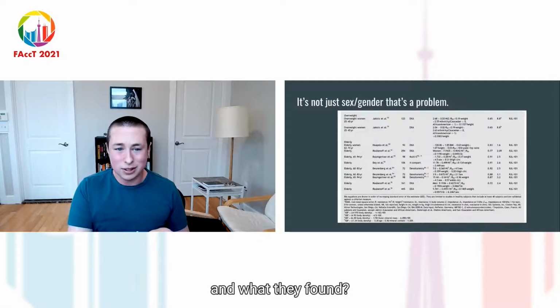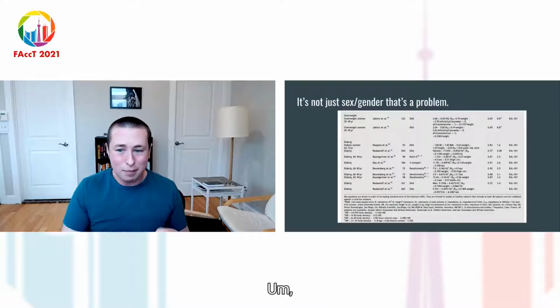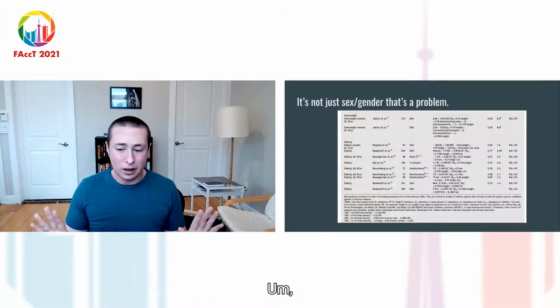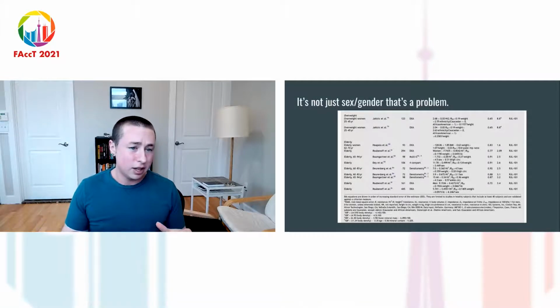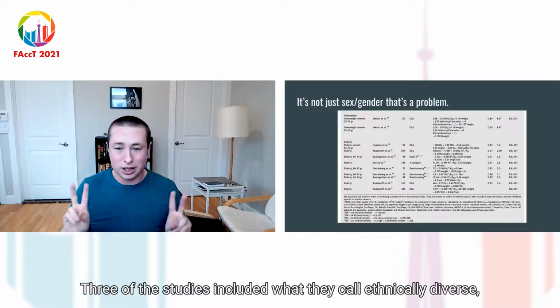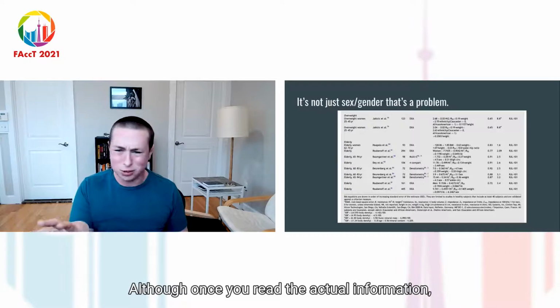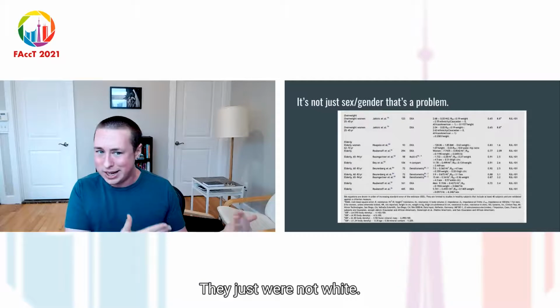What they found, actually, it's just an aside, is that in 23 of these studies that produced equations, the only participants were Caucasian. Only 3 of the studies included what they call ethnically diverse populations, although once you read the actual information, it's not entirely clear that they were ethnically diverse, they just were not white.